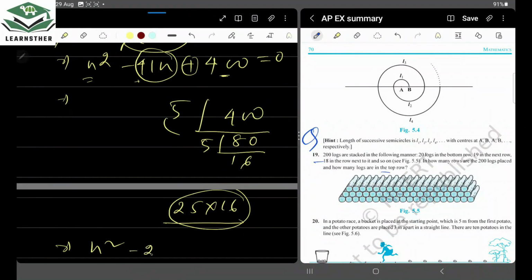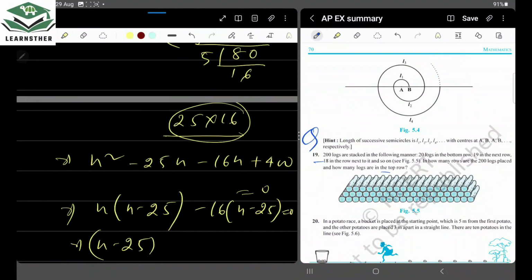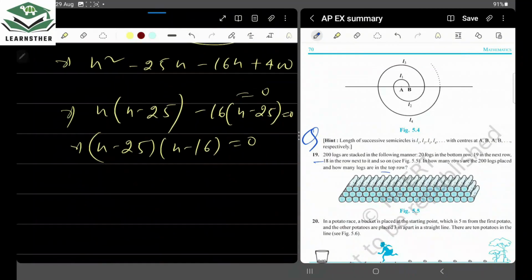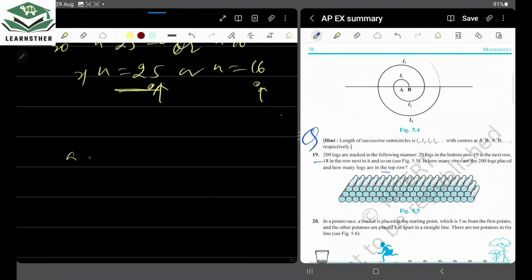So n square minus 25n minus 16n plus 400 is equal to 0. n minus 25 into n minus 16. So n minus 25 is equal to 0 or n minus 16 is equal to 0. So n can be 25 or n is 16.